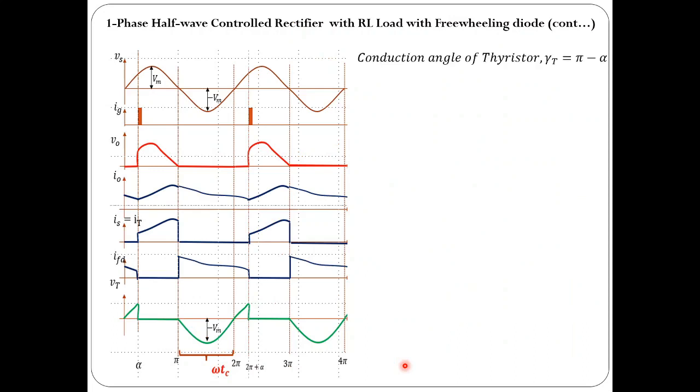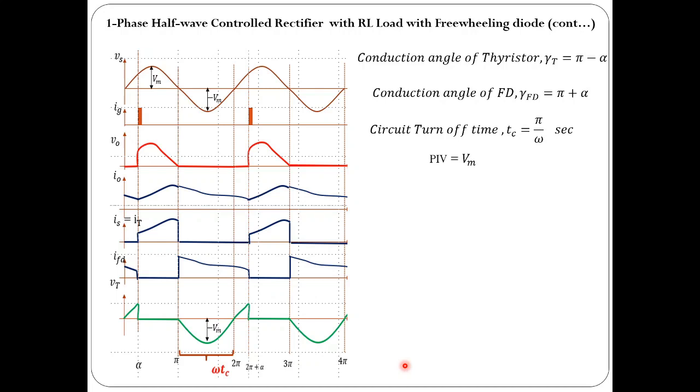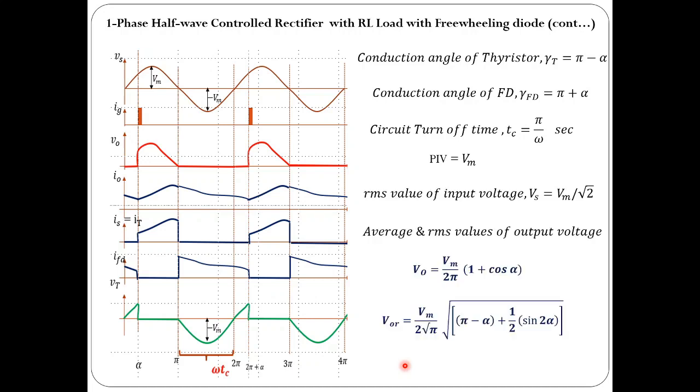Let us see certain parameters which are important in evaluating performance. The conduction angle of the thyristor is pi minus alpha, the conduction angle of the freewheeling diode is pi plus alpha, and the circuit turn off time is equal to pi by omega. The peak inverse voltage is equal to Vm, and the RMS value of the input voltage is Vm by root 2. Then the average and RMS values of the input and output voltages. You can see there is some improvement in the voltage waveform.